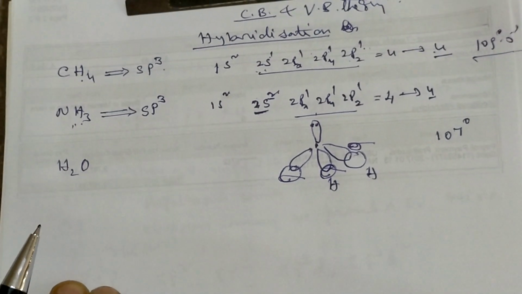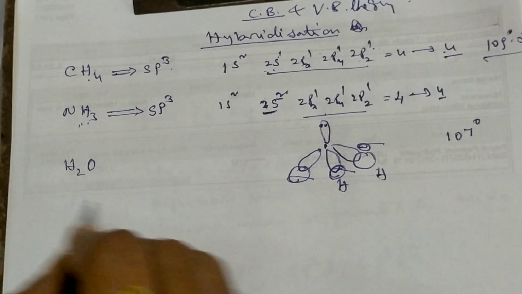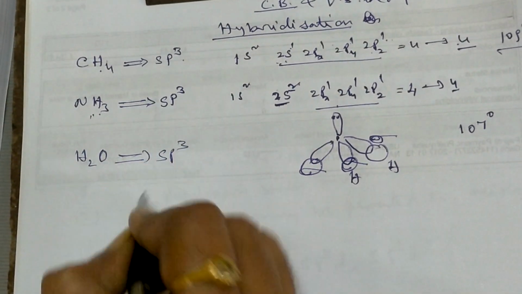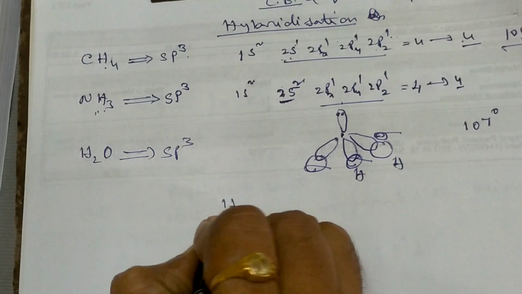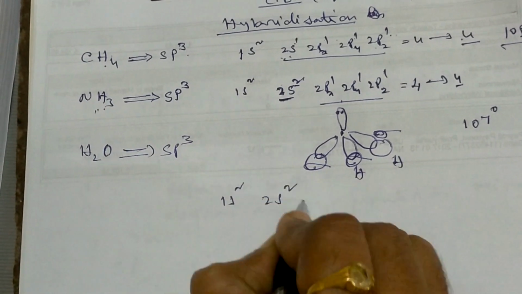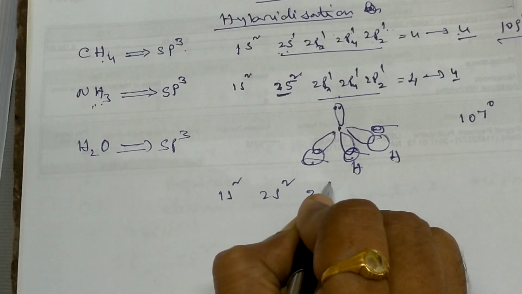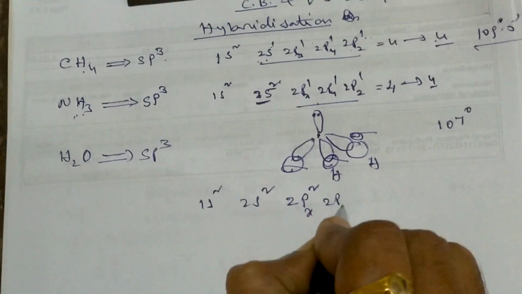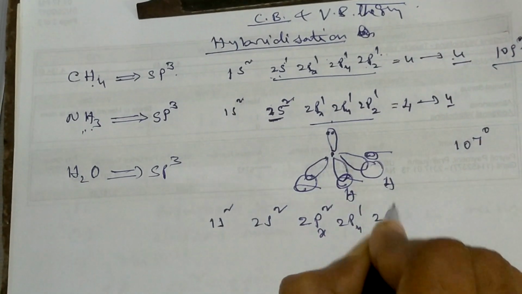Now coming to H2O. H2O is also another interesting story. Here sp3: 1s2, 2s2, 2p4, which means 2px2, 2py1, 2pz1.